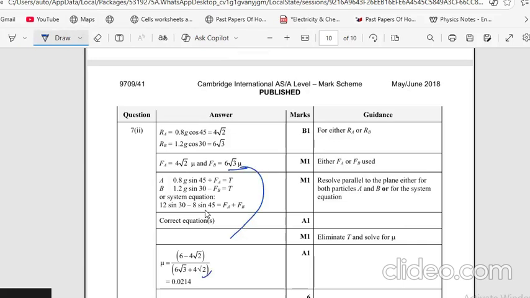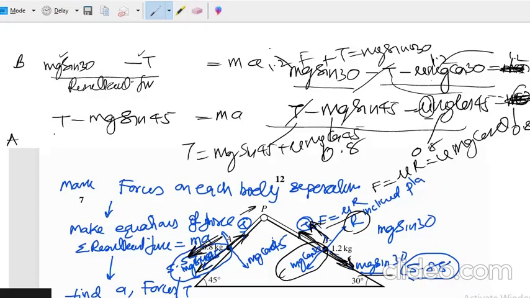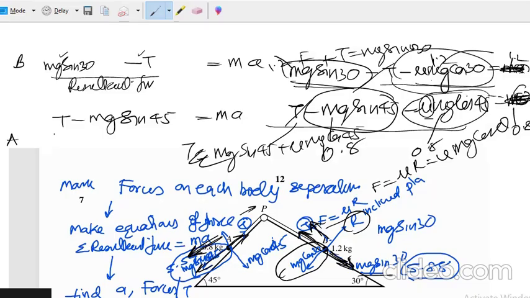You understood? If I add the tensions, they will go away, and I'll get an equation in terms of mu. This minus this is equal to this plus this, and this goes to the other side. The only unknown is mu, and you can calculate. T cancels.